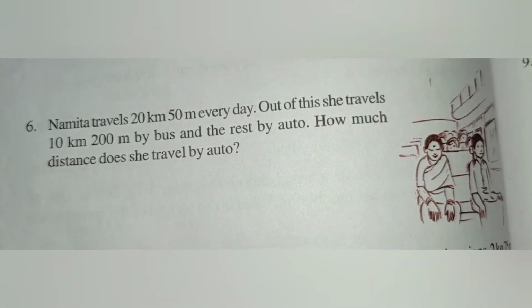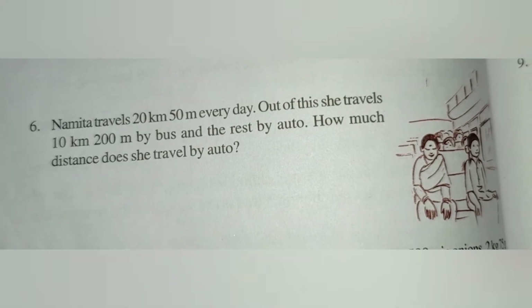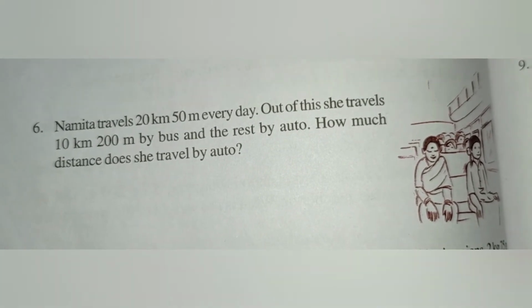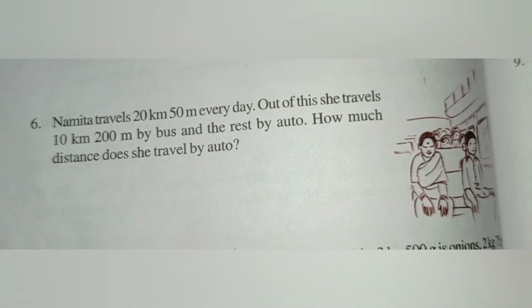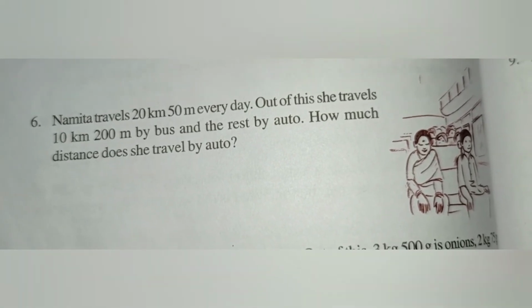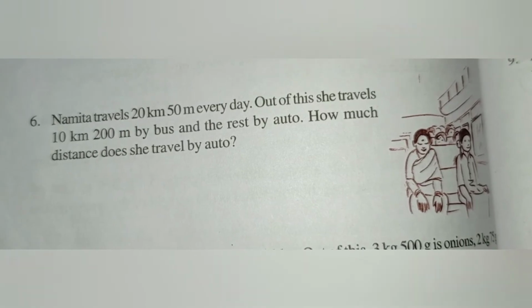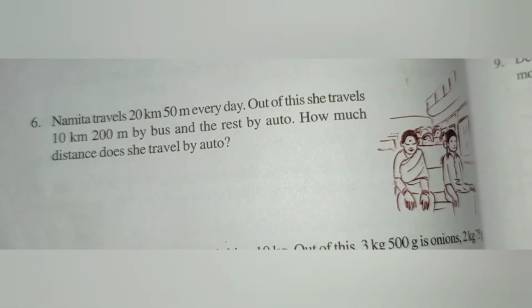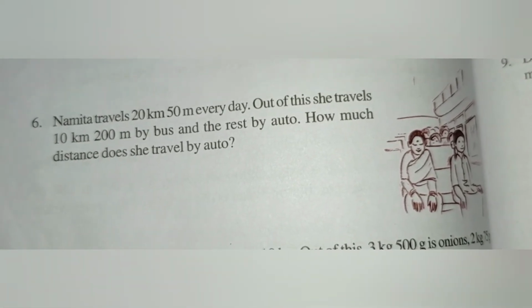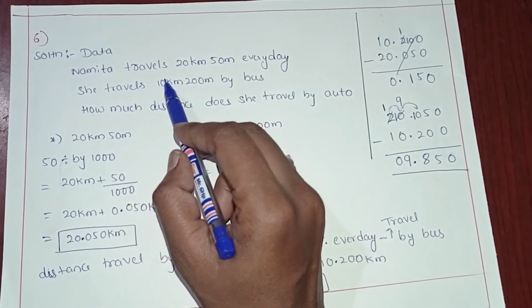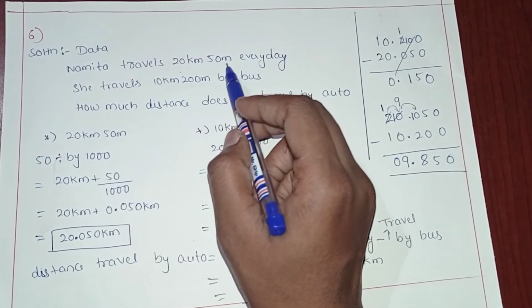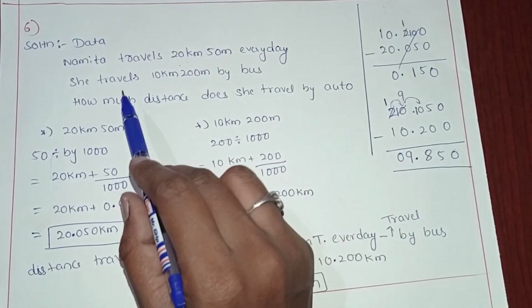Namita travels 20 km 50 meter every day. Out of this, she travels 10 km 200 meter by bus and the rest by auto. How much distance does she travel by auto? Now, let's write the data. Namita travels 20 km 50 meter every day, right children?